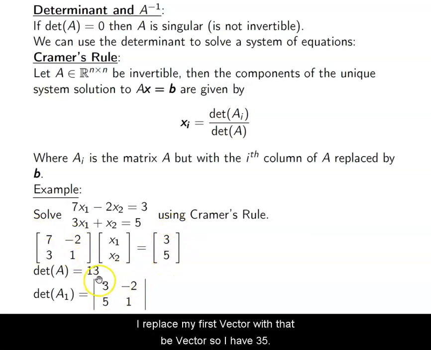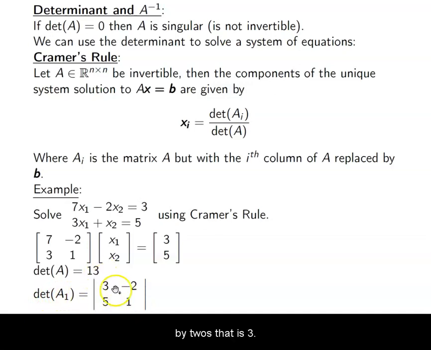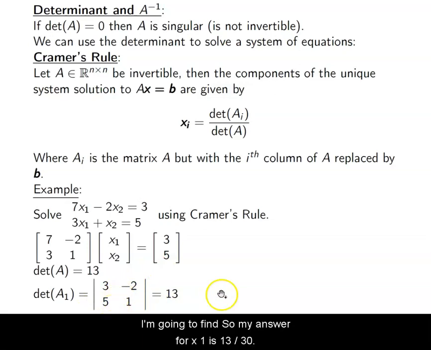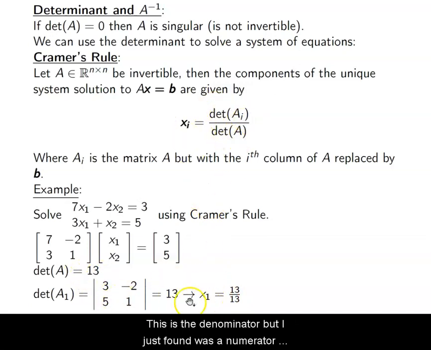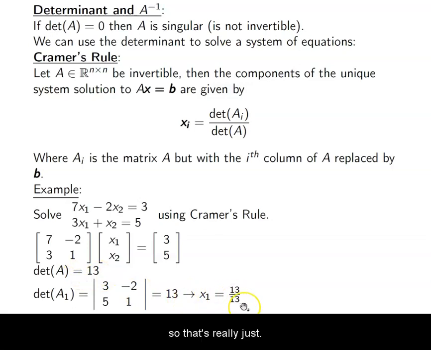I replace my first vector with that B vector. So I have 3, 5, negative 2, 1. I'm going to find its determinant, very easy for 2 by 2s. That is 3 plus 10, so that's 13. So my answer for x1 then is 13 over 13. This is the denominator. What I just found was the numerator, so that's really just 1. So x1 is 1.